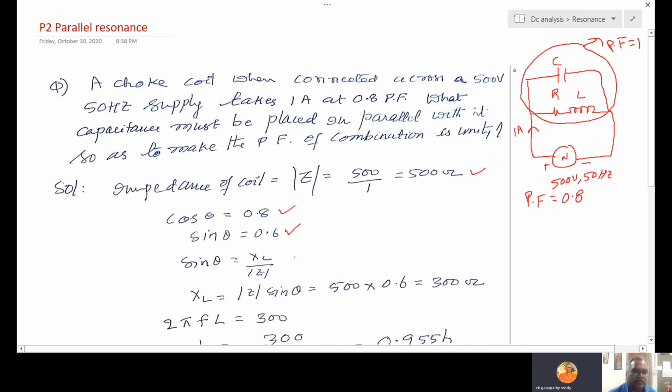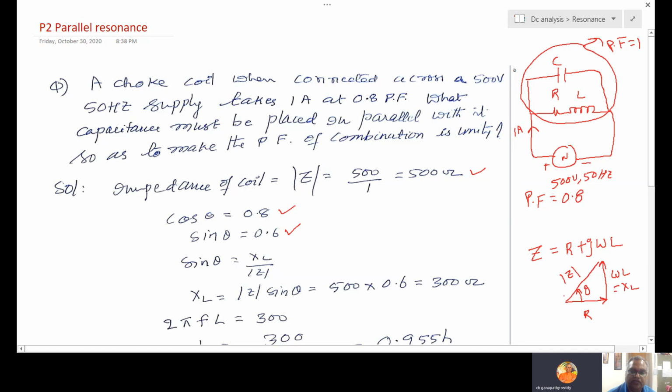Then this is actually the impedance triangle. Z is nothing but R plus j omega L. This is R value. This is omega L value. Mod Z at angle theta. So what is sin theta?